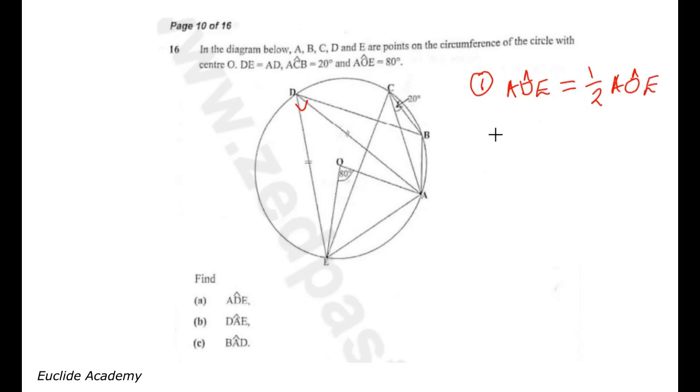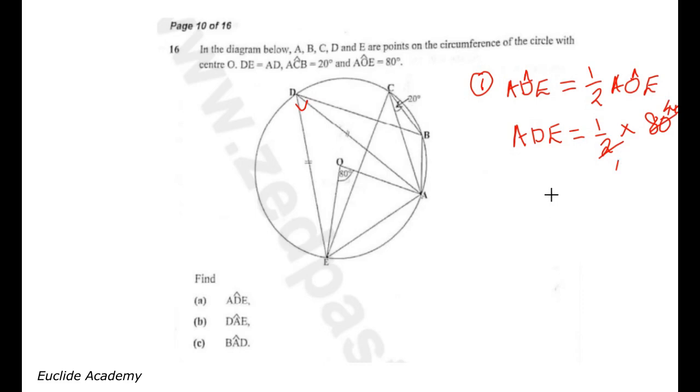So angle ADE is equal to half of angle AOE, and then you say therefore angle ADE will be half times angle AOE, which is 80 degrees. So you can cancel this one there and that one there, and that is 40.